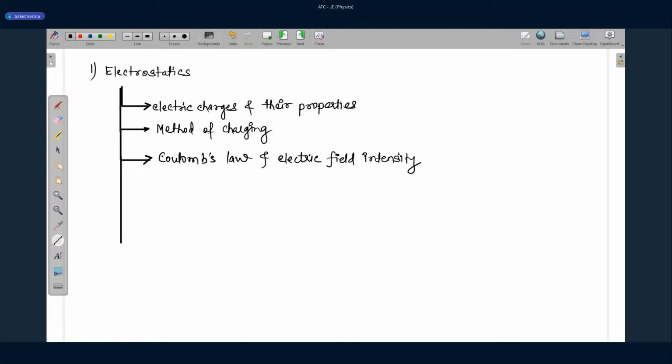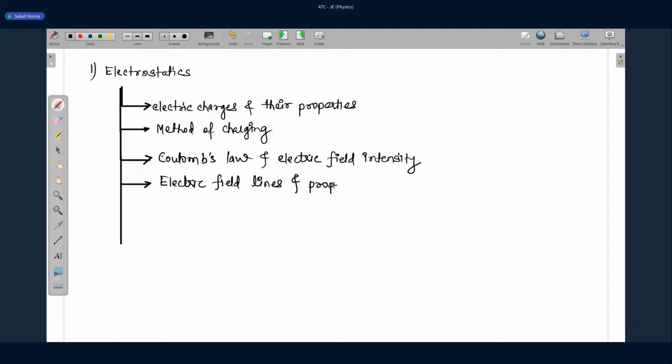After that, we will also discuss the electric field lines. I will keep asking you some questions, and those who are aware of these basic questions of electric fields can answer them. Again, their properties.